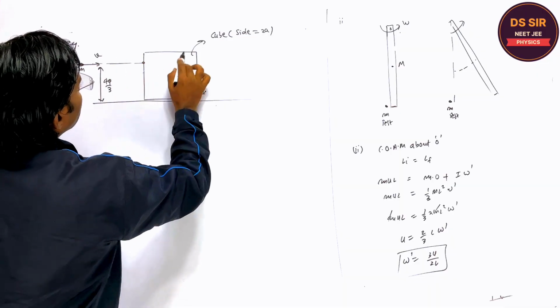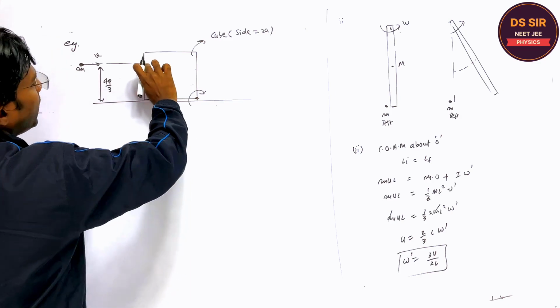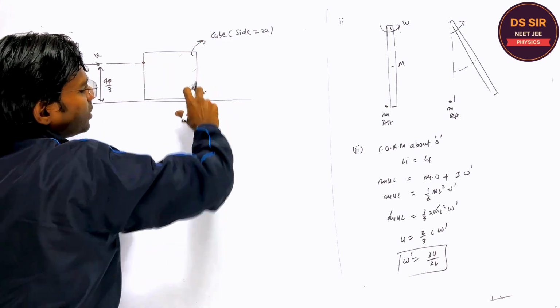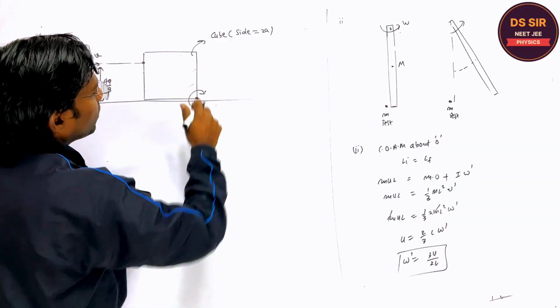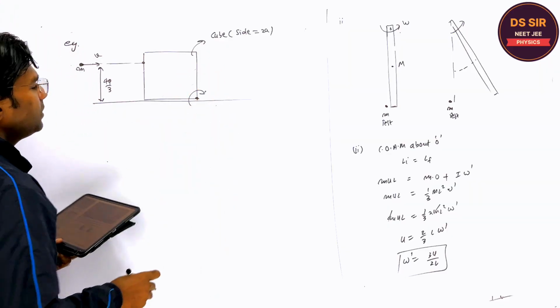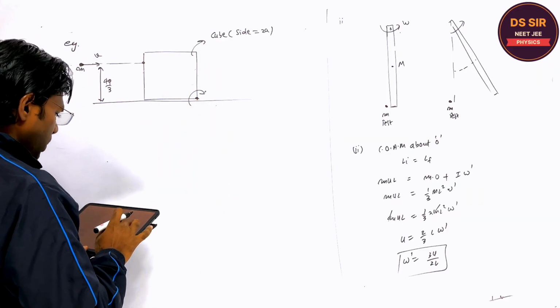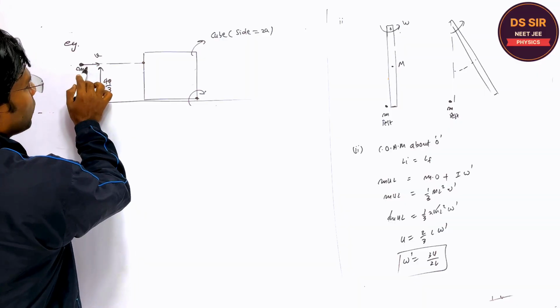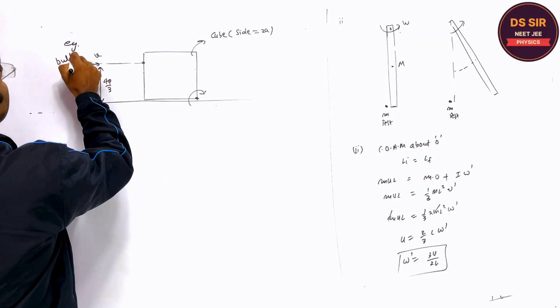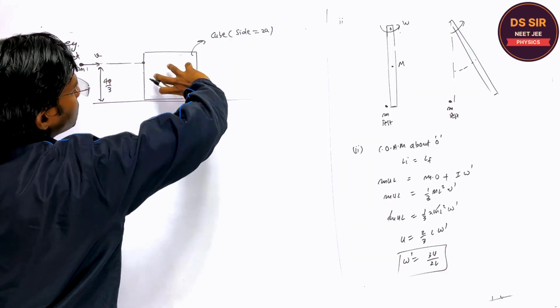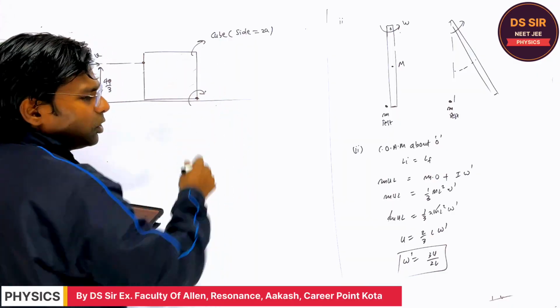So if this is the cube, when it embeds, what will happen? The cube plus bullet system will rotate about this, and they are asking, you have to find the minimum velocity of this bullet so that after collision, when it rotates, it can topple.